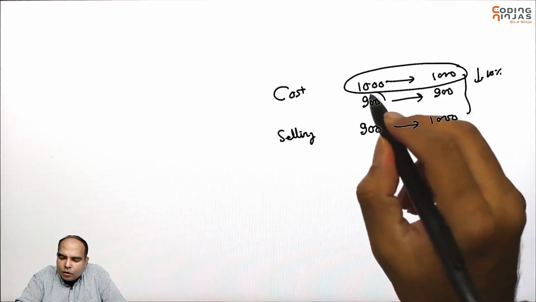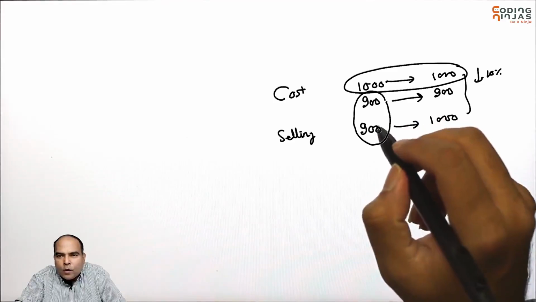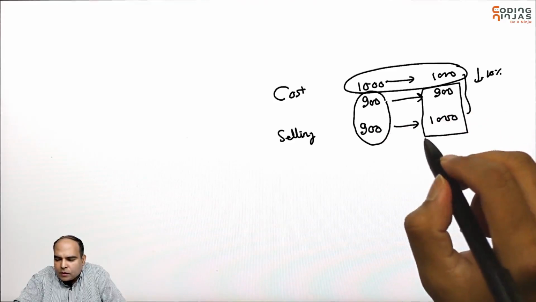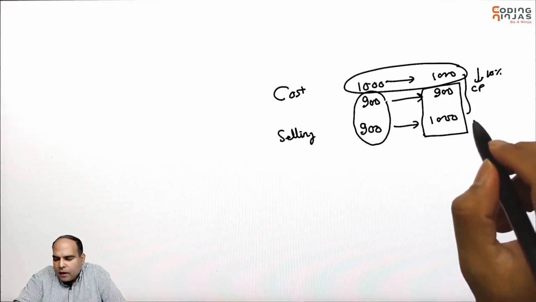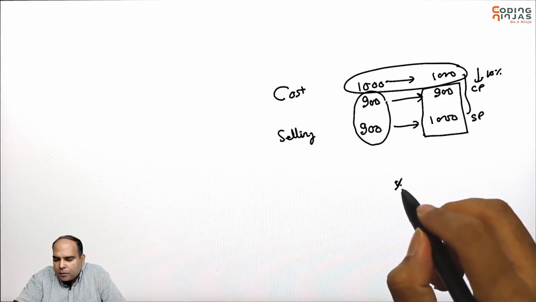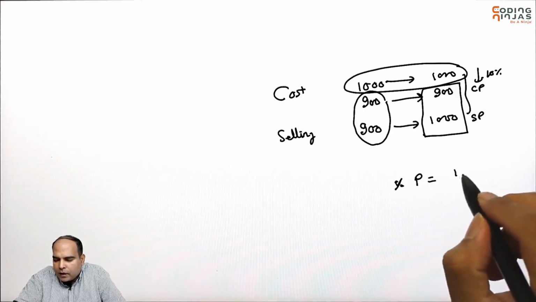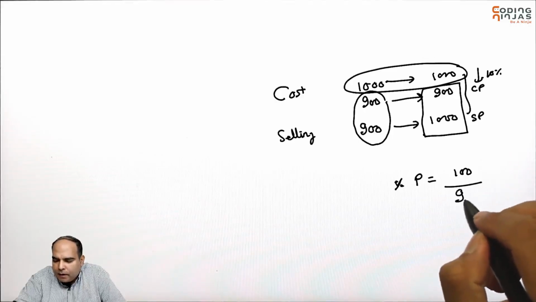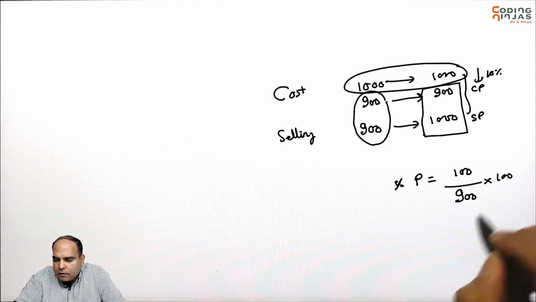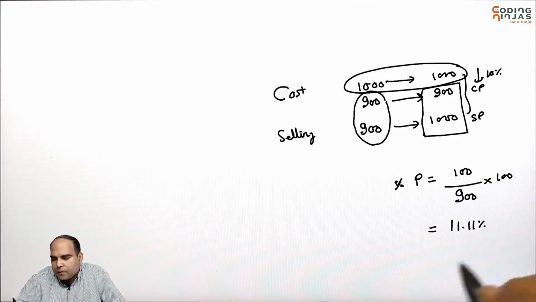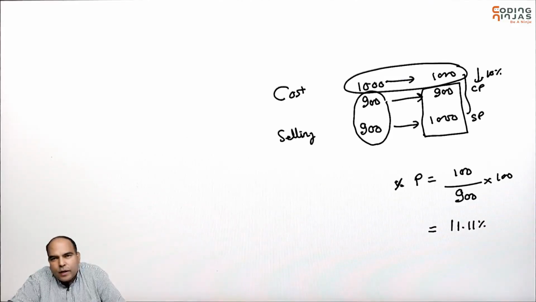Then goods bought and sold are equal, and you can use the conventional profit structure: your cost price was 900 and your selling price was 1000. So your percentage profit is 100, the difference between SP minus CP, divided by 900, into 100, which is 11.11%. So please go ahead and do the other questions in the assignment.